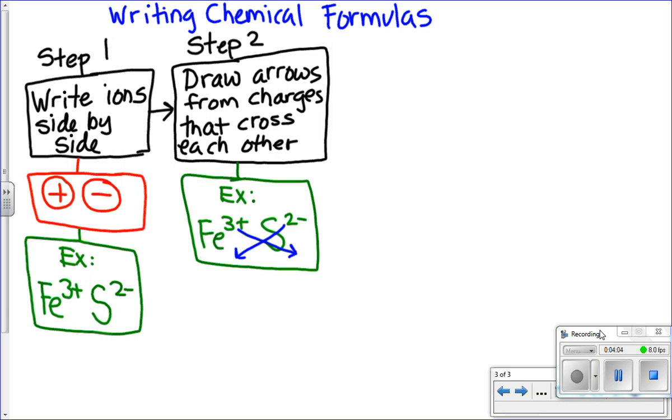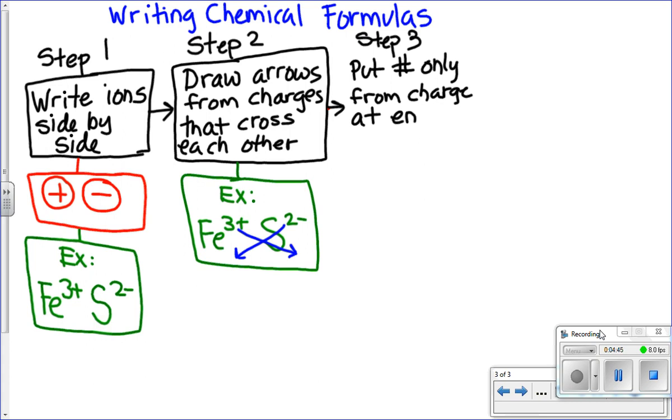So our step 1 was to write our ions side by side, and step 2 we're going to draw the arrows from the charges and let them cross each other. For step 3, we're going to put the number only from the charge at the end of each arrow.